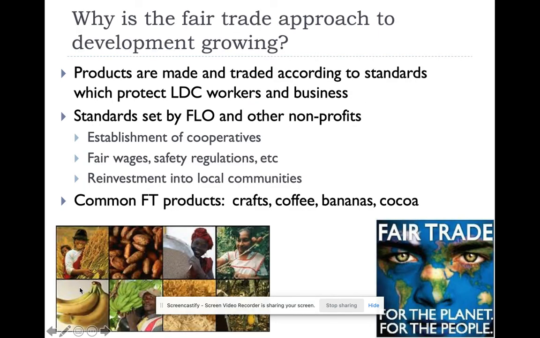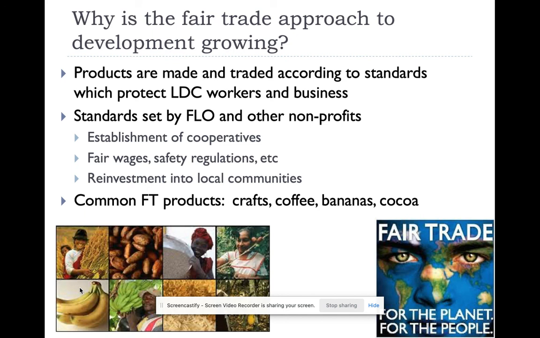So the last thing we're going to talk about, we talked about microfinance and microloans, but we can also talk about fair trade, right? If you're worried about your transnational corporations not doing what they should be doing and structuralist and neocolonialism stuff, it can be kind of a downer when you're trying to buy products. Fair trade is your answer to that, right?